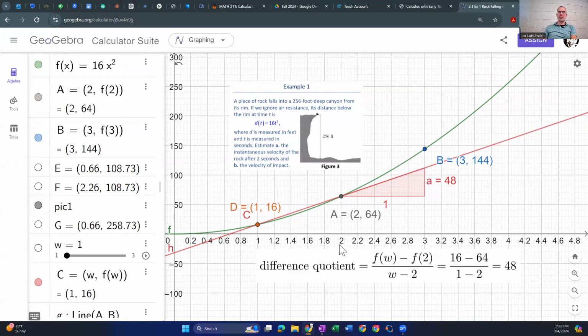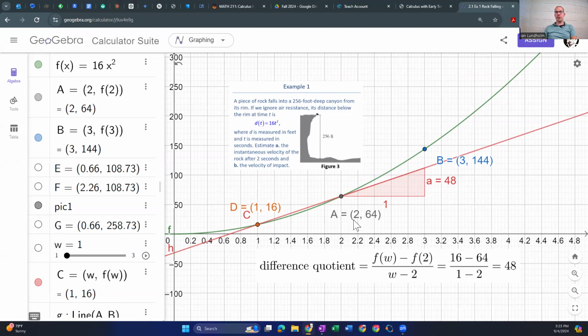I want you to notice that we are considering this thing called a difference quotient. And you've seen this before. It's just a way to calculate slope. Literally, we have rise over run. This is a difference of two y values over a difference of two x values. So one of the x values is 2, related to this point, and we can see f of 2 is 64.